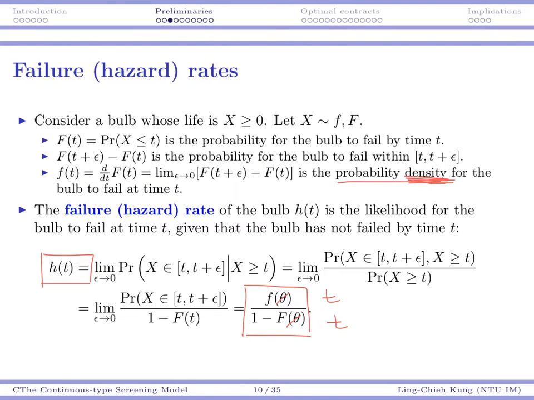The numerator is the likelihood to fail at time t, and the denominator conditions on the fact that X has been larger than t. It's the concept of conditional probability.